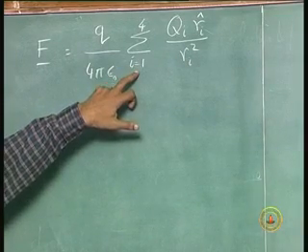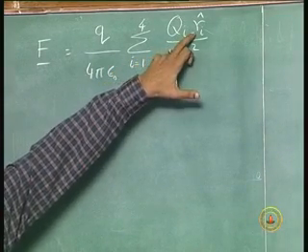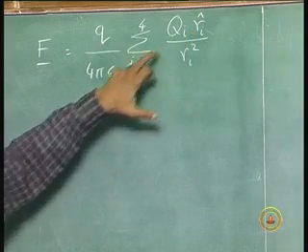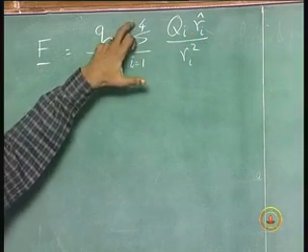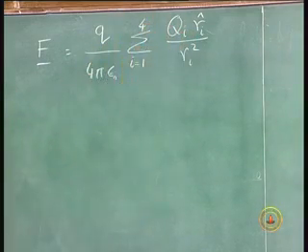This summation is simply saying substitute i equals 1, substitute i equals 2, i equals 3 and i equals 4 and add up all the results.